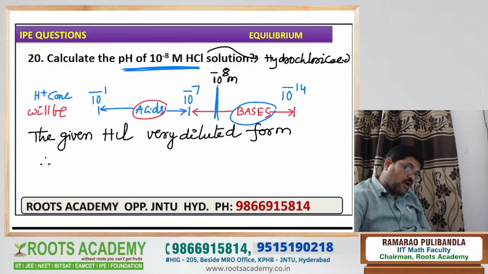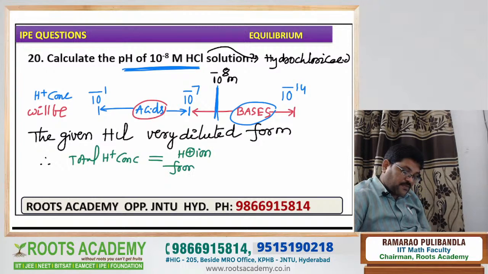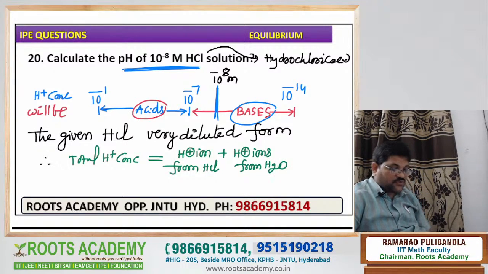Therefore, what I am saying, total H plus ions concentration is equal to H plus ions from acid, that is H plus ions from HCl, plus H plus ions from water. Tell me what I am saying, student.